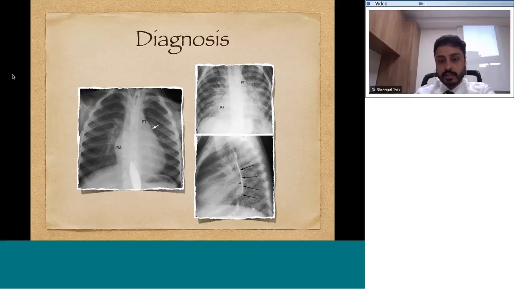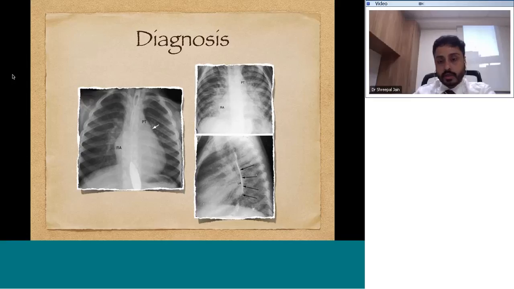as seen in the X-ray on the right upper side. And because long-standing and severe mitral stenosis results in pulmonary hypertension, you could see a prominent pulmonary trunk in addition to dilatation of the right atrium. On barium study, you could see the indentation of the esophagus produced by the dilated left atrium.